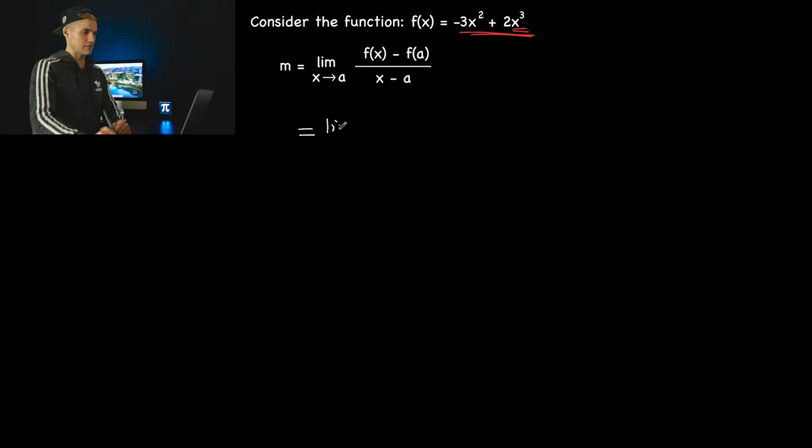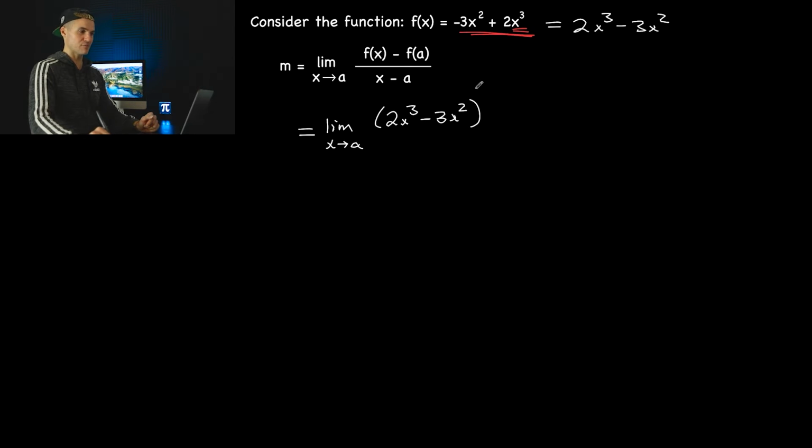So we're going to have the limit as x approaches a of f of x. So we would just write this general function as it is. And you know what? I'm going to rewrite this so the degrees are in order like this. So this will be 2x cubed minus 3x squared, like that.